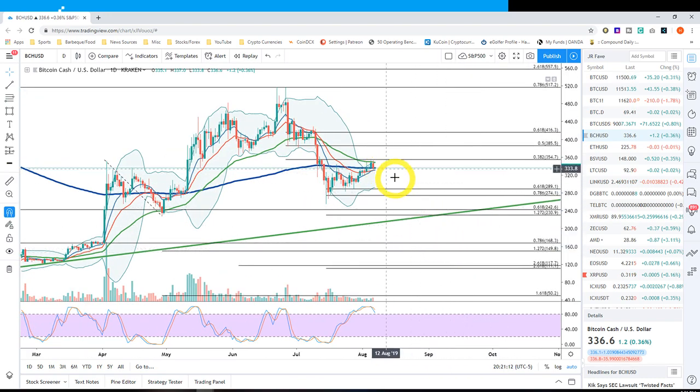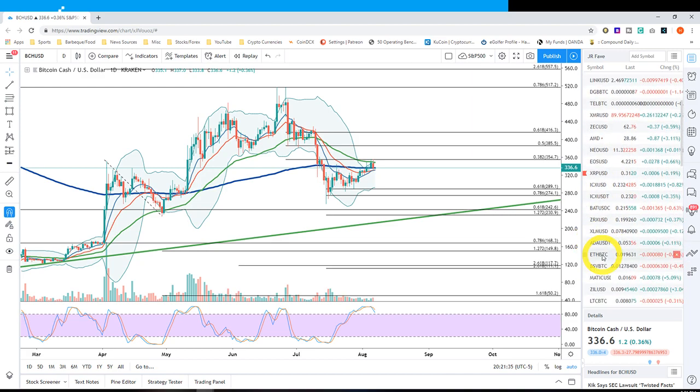Right? But it has got to hold that 10 EMA. The 10 EMA is trying to hook up and push it forward, but it's got to stay above that. It's got to hold that and get these things turned around.